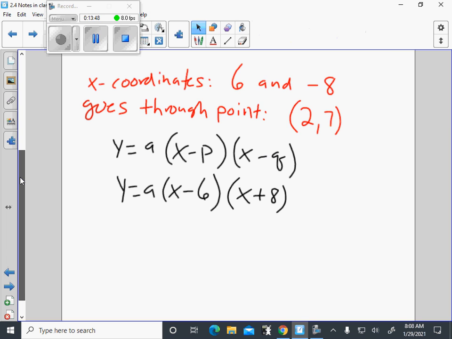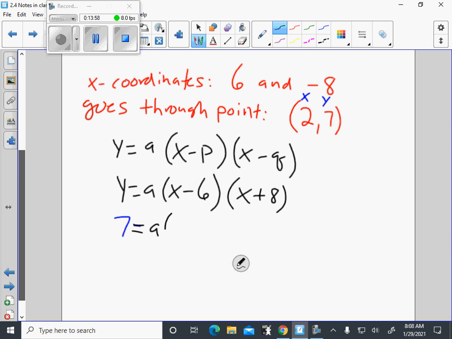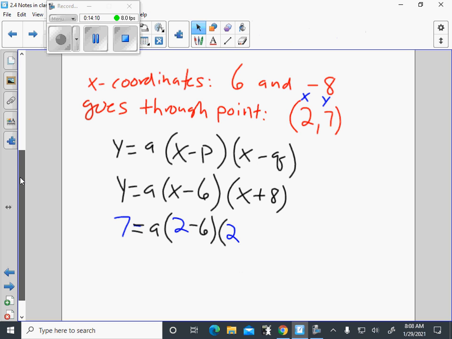Now we're going to take these coordinates, x and y, 2, 7. So 7 equals a times 2 minus 6 times 2 plus 8.